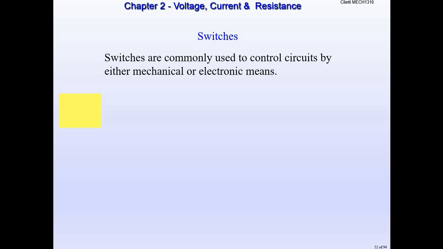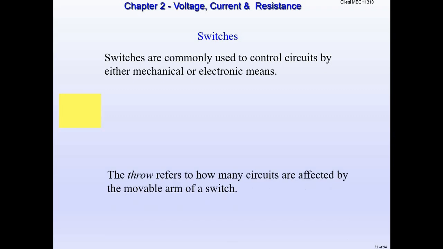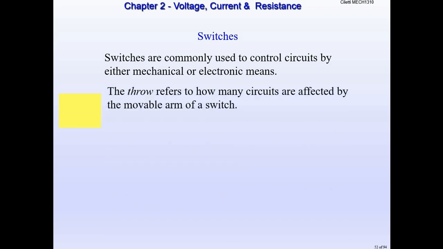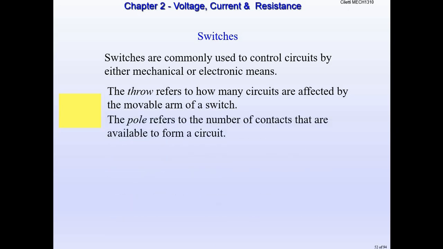All right, we're going to get into a lot of components here. I'm going to expect you to know every single symbol and what type of switch or what type of component it is tied to. So we're going to talk about switches first. The throw refers to how many circuits are affected by the movable arm, and the pole is the number of contacts that are available to form a circuit.